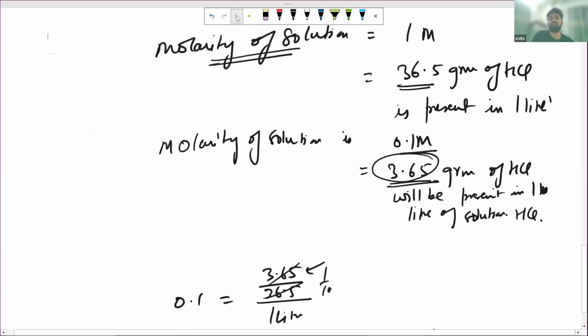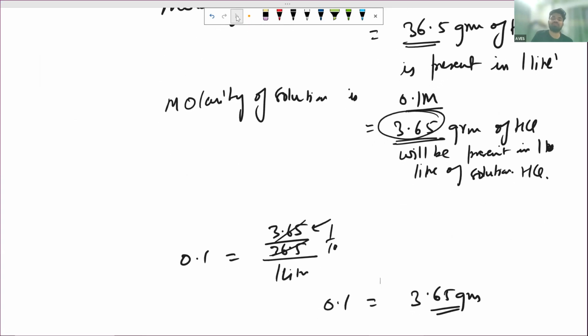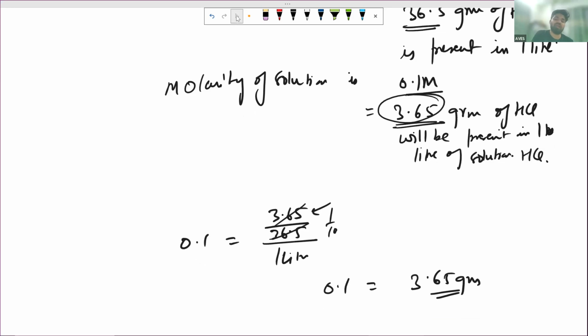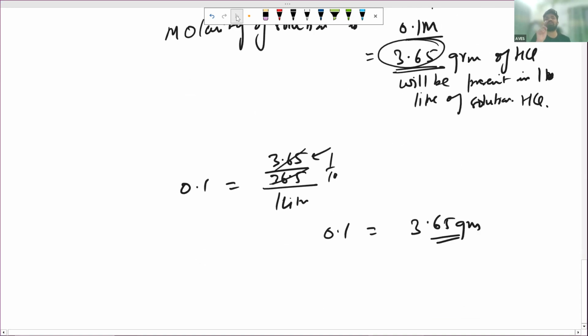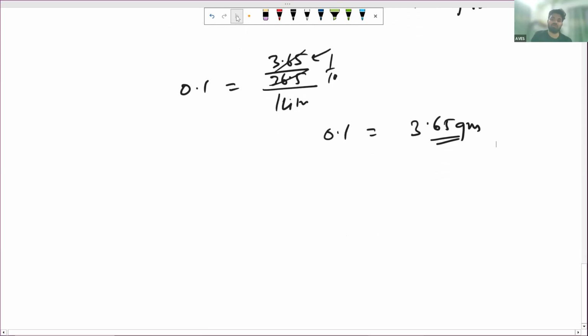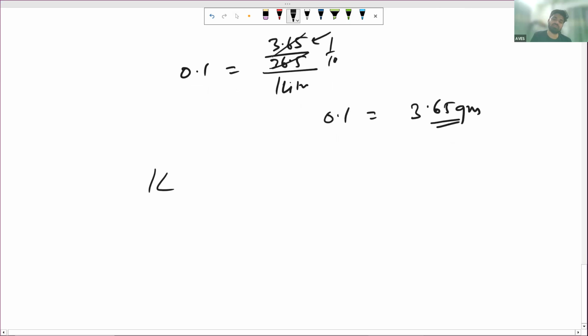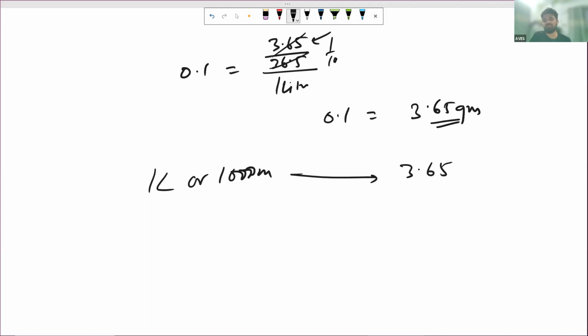So in simple terms, the molarity of the solution is 0.1, and you need a total amount of 5 gram, and in 1 liter of solution you have this much amount. So this is very simple. Now 1 liter, or 1000 ml, of solution has 3.65 gram of HCl. And how much HCl do you require? You require 5.